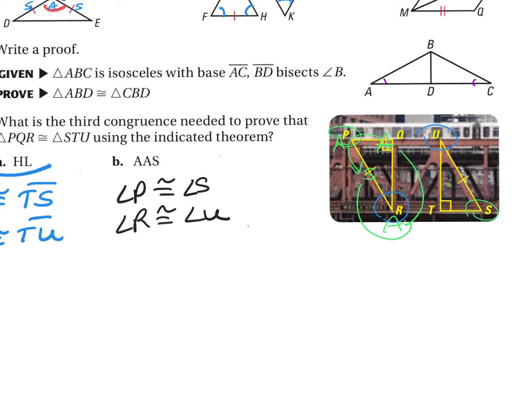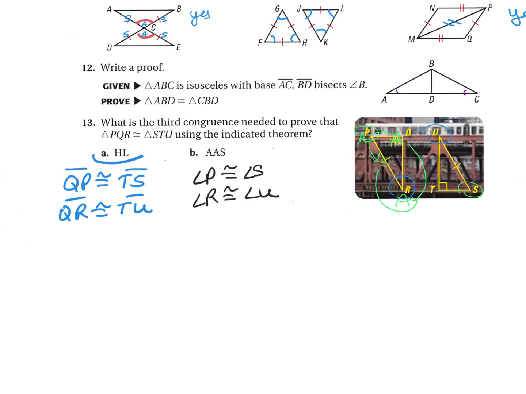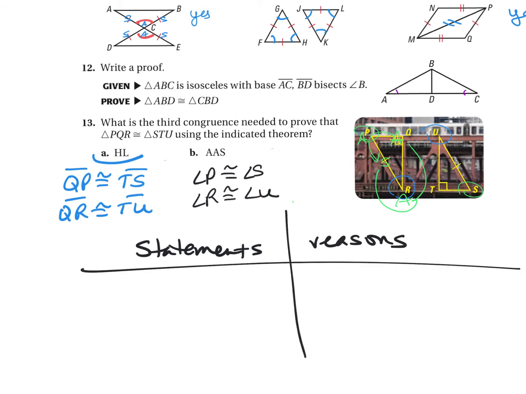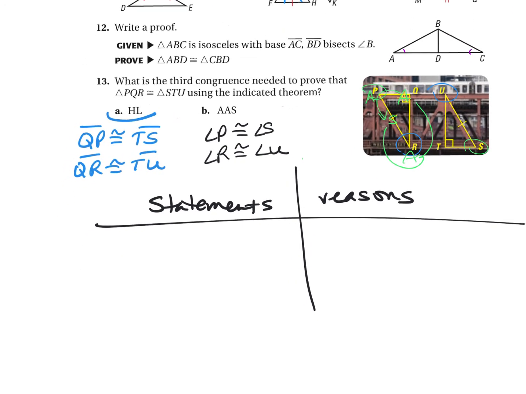Now I'm going to do the proof. So in this picture, let's see. I set up my statements. And my reasons. So I'm going to go ahead and state the given.